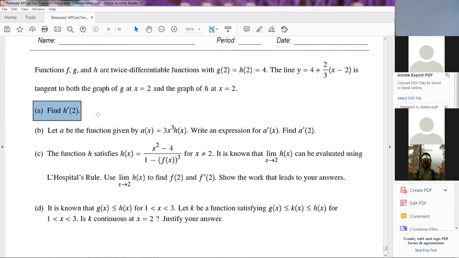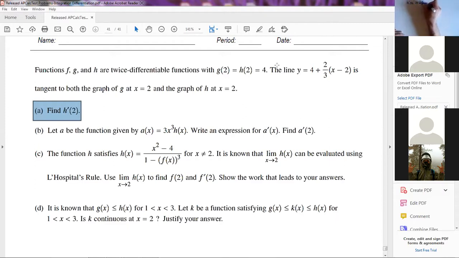Practically correct. The derivative of this is going to be the slope, correct? So the slope of this line is the tangent line slope. So the derivative is correct, but you don't have to take the derivative. The y is already the derivative of g and h.